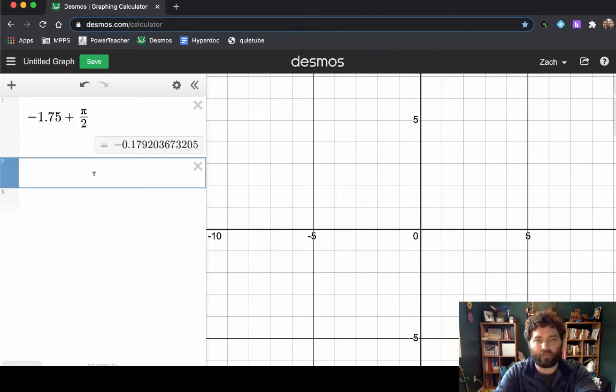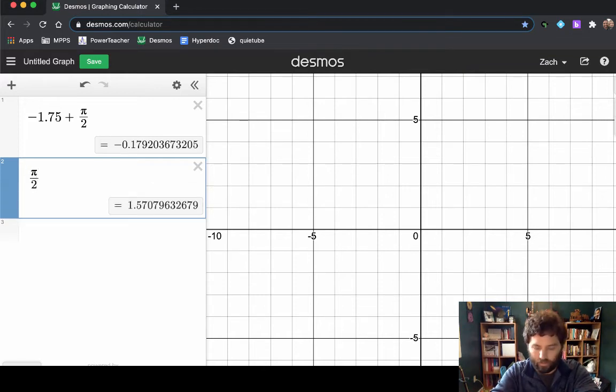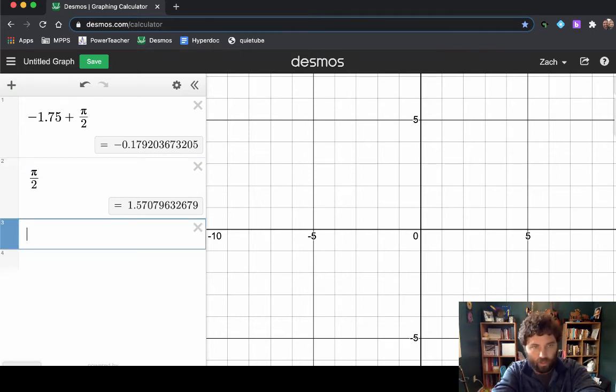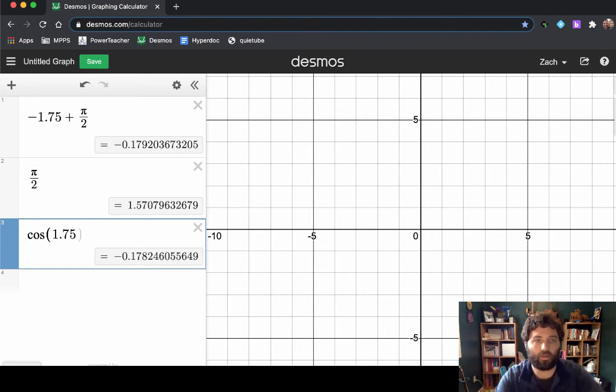And what we're going to compare that to, so pi over 2, you can see is 1.57. And if I plug in cosine of 1.75, you can see that it's a pretty good approximation.